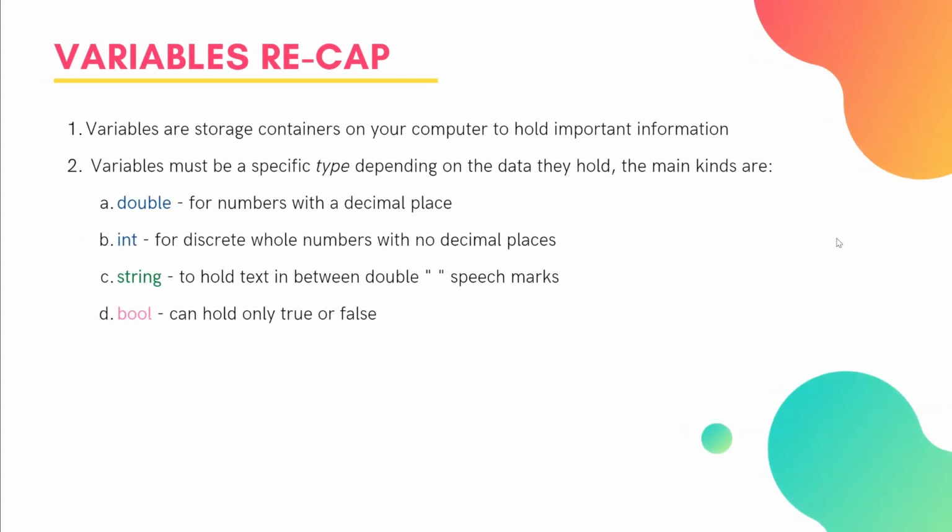Variables have to be a specific type, and type being a key word there, depending on the data they hold. The main kinds of data that we looked at in the last lesson are double for numbers with a decimal place, like price; int or integers for discrete whole numbers with no decimal places, like counting the number of trades you've taken or holding your trade ticket number; string to hold text between double speech marks for information that you might want to share with the computer, such as error messages or trade success messages; and then bool, which is short for boolean, which can hold true or false.